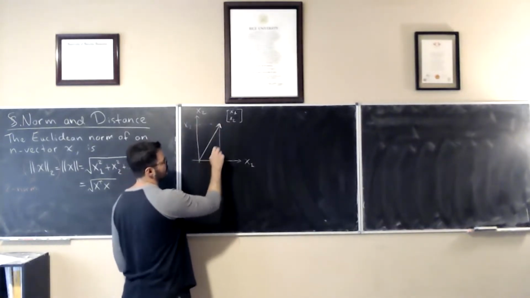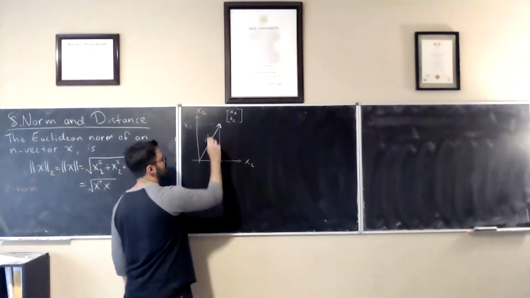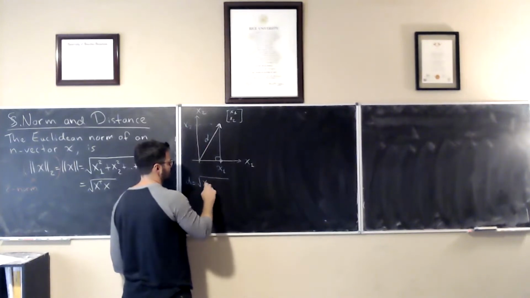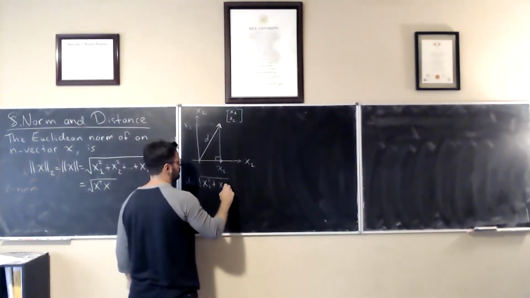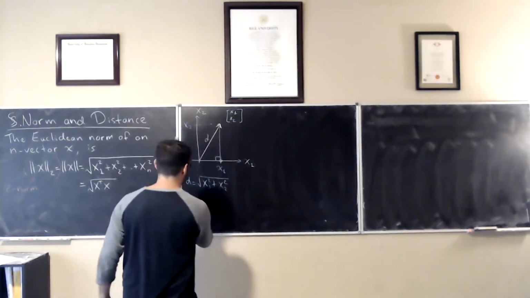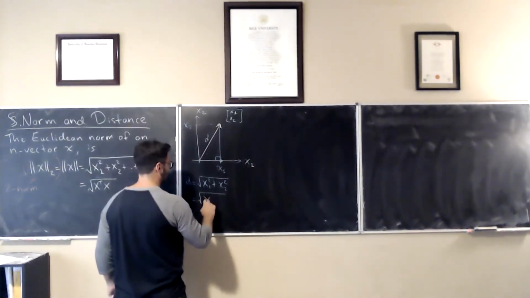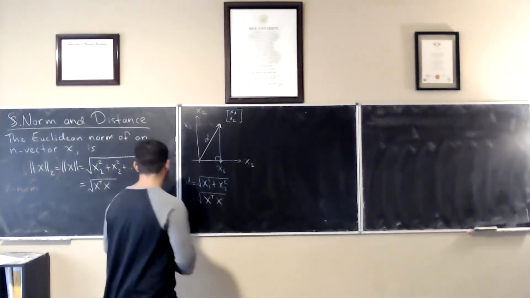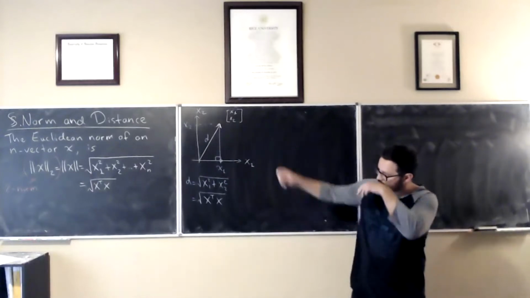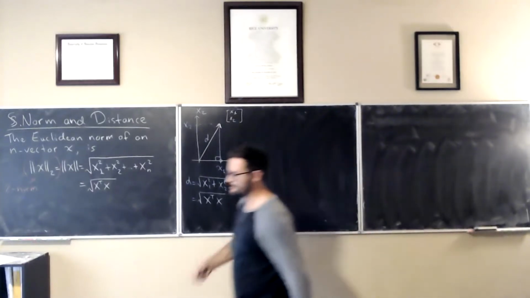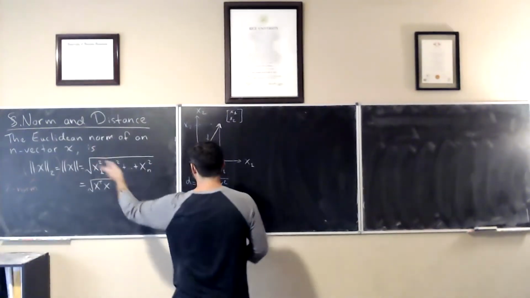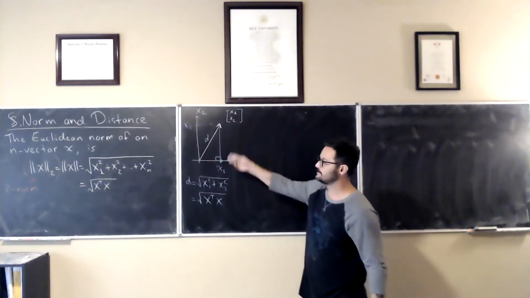So this squared plus this squared is equal, so this is like your d, then that distance there is equal to the square root of x1 squared plus x2 squared. And that'll give you the length there, which is the same thing as saying the square root of x inner product x. Okay. So that's the motivation behind this definition for the 2 norm. That's why it's called the Euclidean norm. It's equivalent to the Euclidean distance.